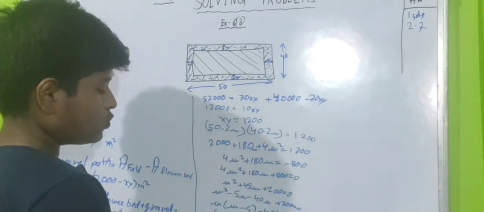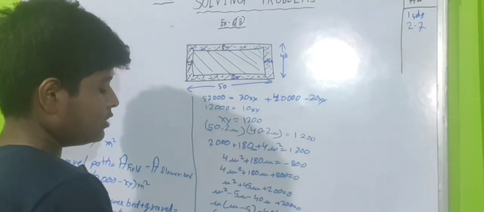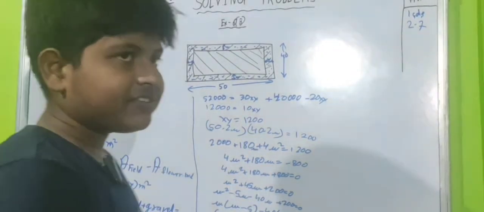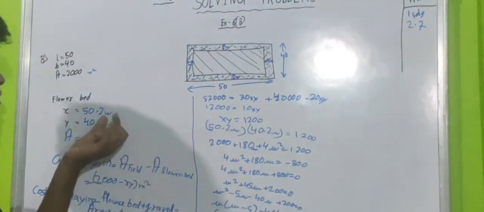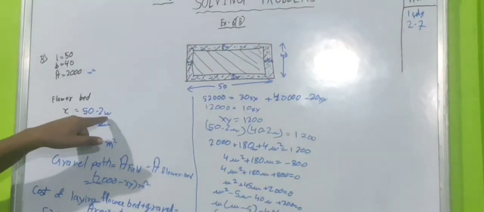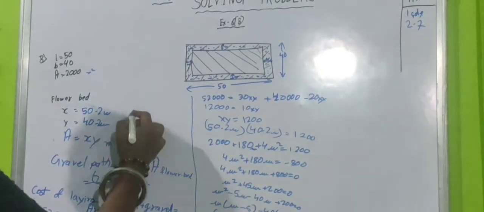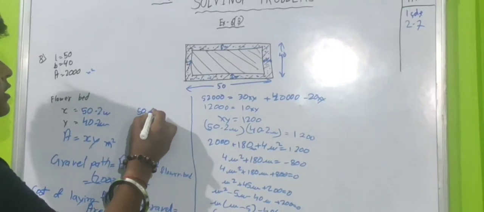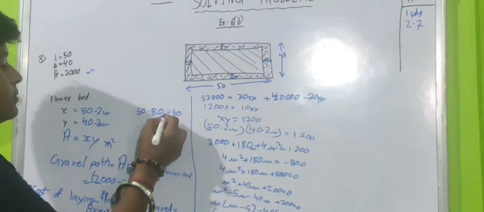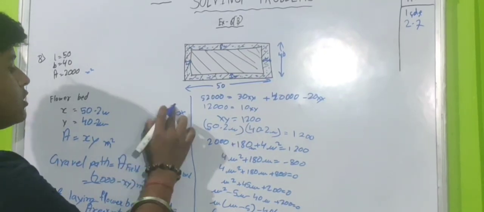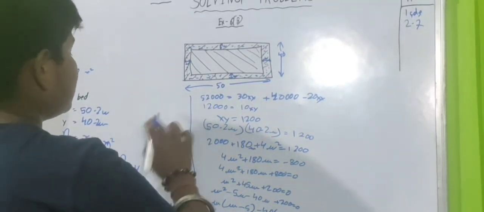So friends, there are two values, 40 and 5, so you have to apply your logic as I've said before. Put 40 here: 50 minus 2 into 40, that is 80, so 50 minus 80 is minus 30, which is not possible. So this gets eliminated.